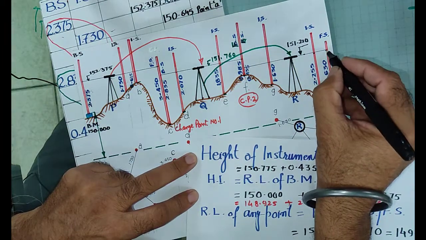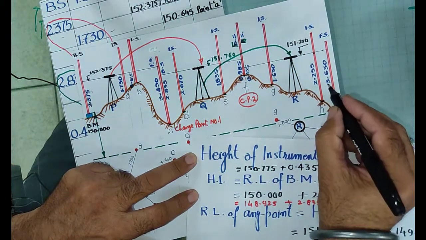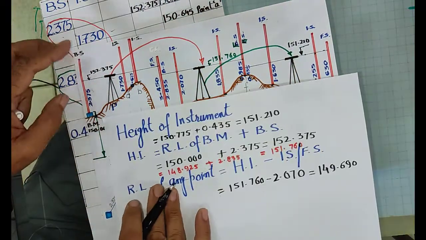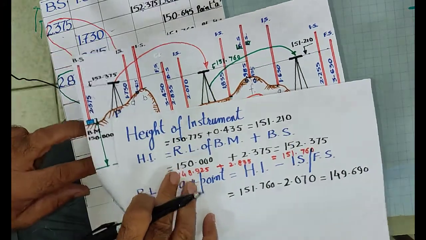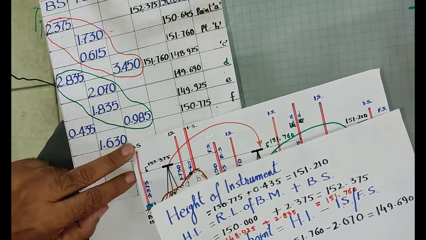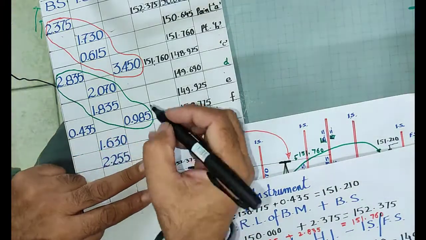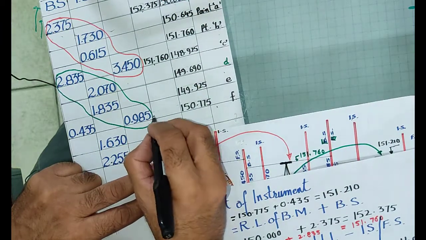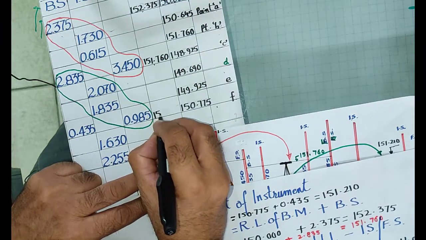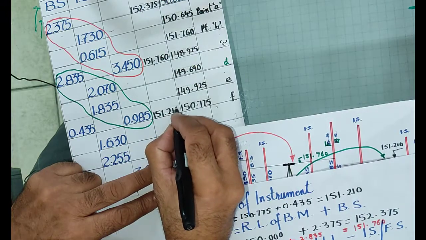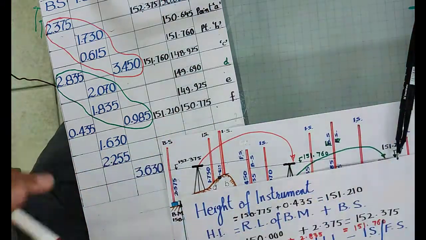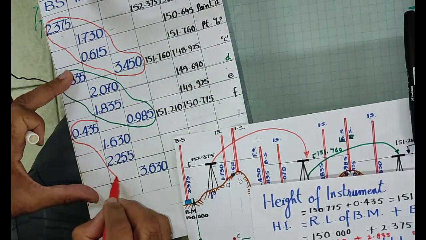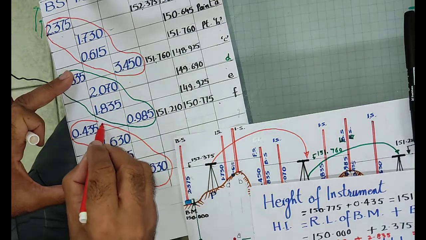Similarly, from this you can deduct 3.63 and get the RL of point I. So I have the new height of instrument, 151.210. You can see this is my third setting at point R.